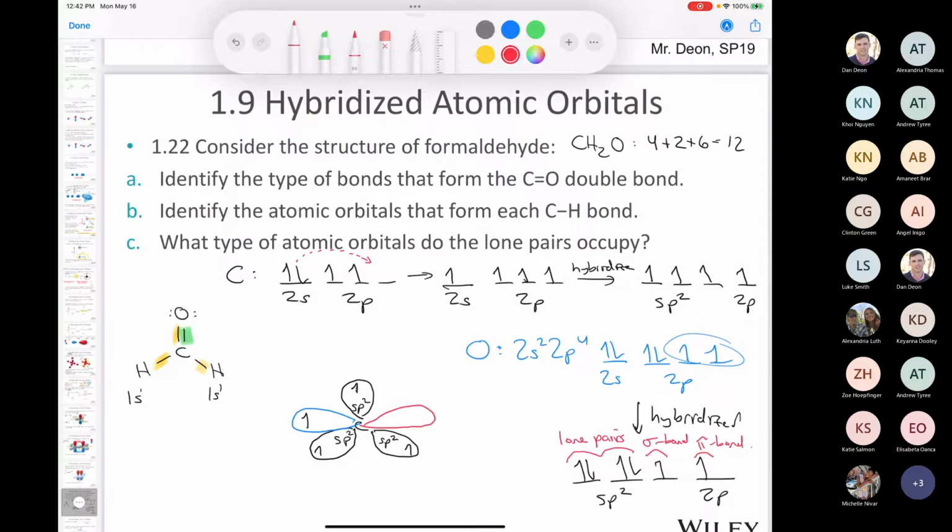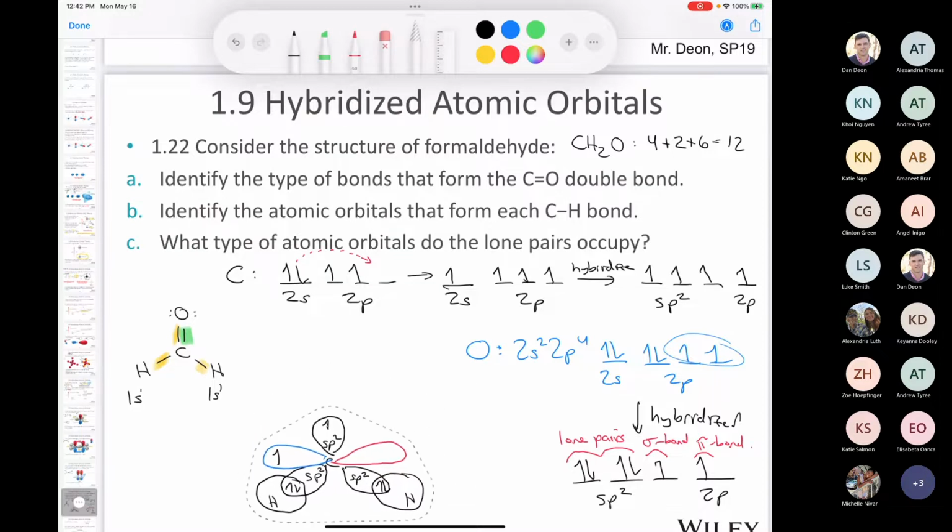And now I'll draw in the hydrogens here. So here's a hydrogen, here's a hydrogen. They're both 1s. And now I'm going to have to move this a little bit, so I'll move it down here. And now I'm going to try my best to draw my oxygen, which is going to look like this. It's got one sp2 orbital, two sp2 orbitals, three sp2 orbitals.